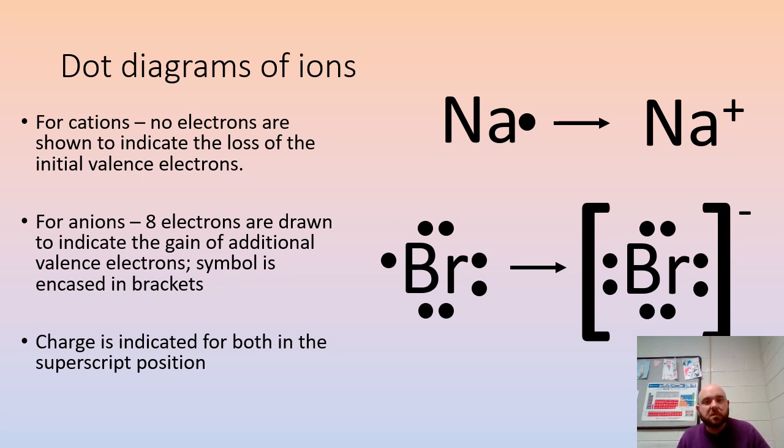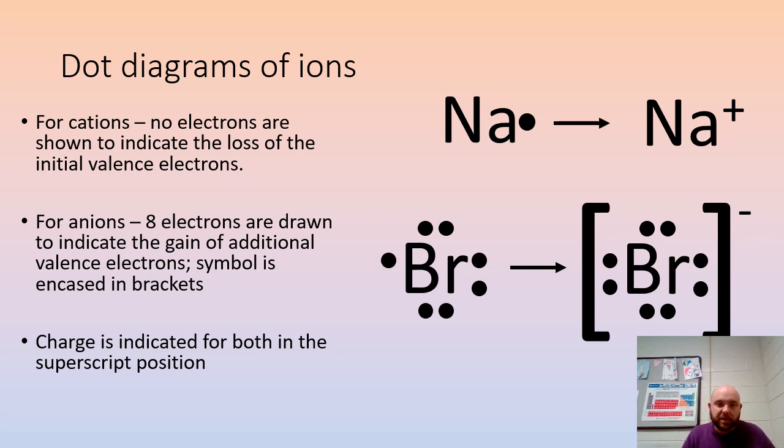When they lose their 1 or 2 or 3 electrons, then the energy level underneath their valence shell becomes the new valence shell. However, just as convention to show that they are losing electrons, we don't put 8 dots around the positive ion. We just imply that it has lost its electrons in its valence shell, and we indicate how many it loses by putting the typical charge in the superscript position.